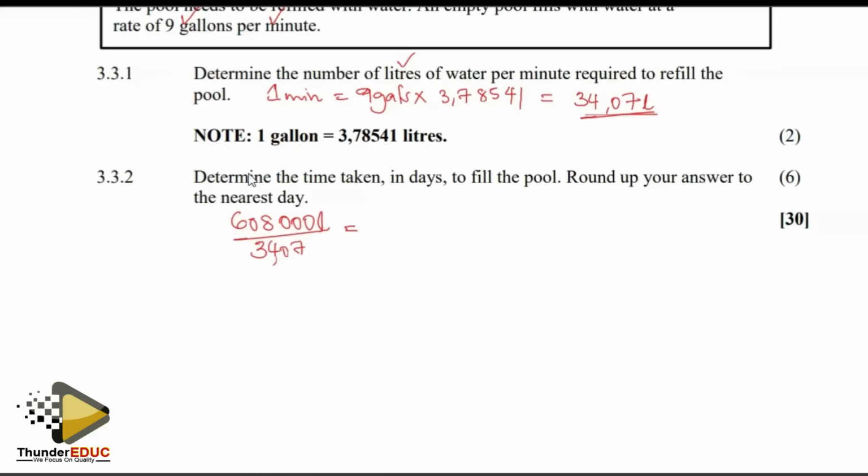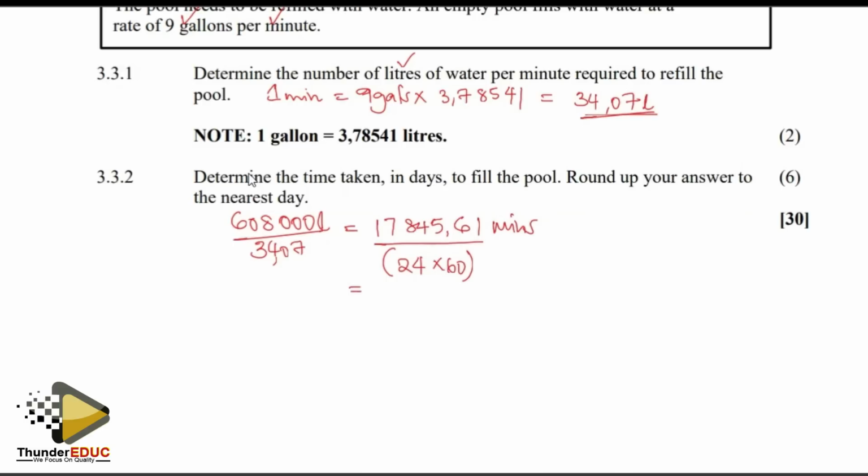divided by 34.07. So we have 70,800. These are minutes. So we divide them by the number of minutes in a day, to find out how many days they are.